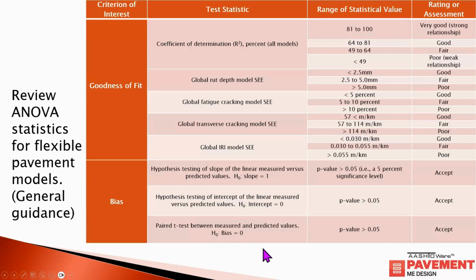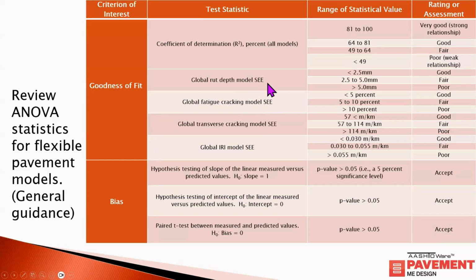General guidance for looking at these statistics. This is kind of the basis that we use internally when we're looking at verification and calibration of performance models. It shows you the range for the R-squared as it relates from very good to poor.